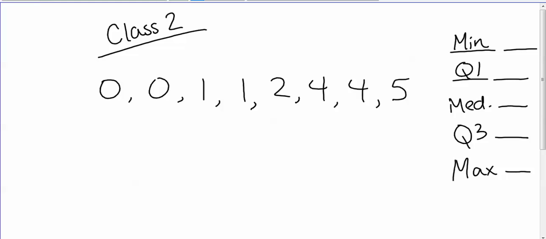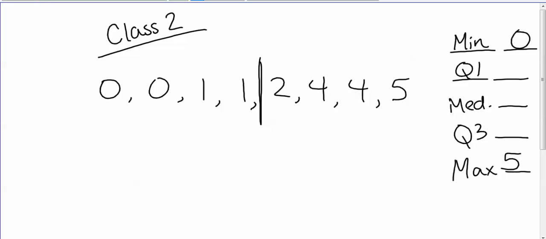Our minimum value is 0, our maximum value is 5. All right, so let's find the median. You can work your way into the middle here, and you're going to see that the median would fall right here, okay? When we have an 8-point data set, 8 plus 1 is 9, 9 divided by 2 is 4.5. So 1, 2, 3, 4.5 would put you between the 1 and the 2.